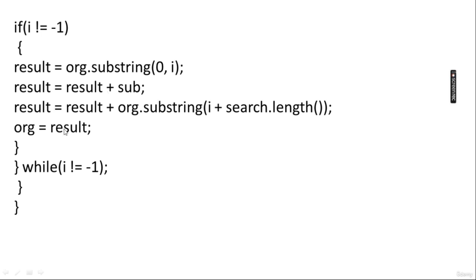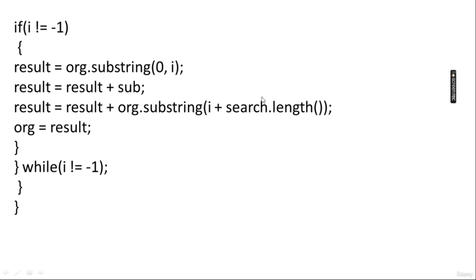Result is equal to result plus org.substring(i plus search.length). Whatever result, it will be appended with the substring "th". Then original is equal to original.substring(i plus search.length).